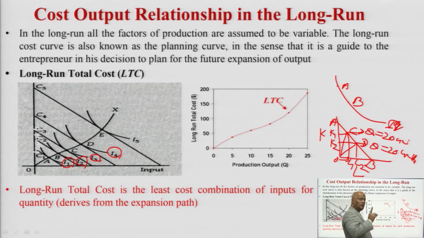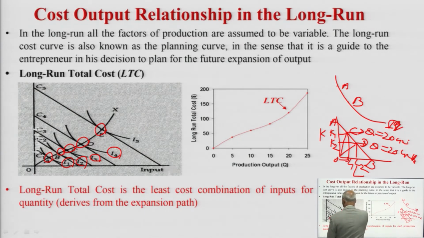Now, in the expansion path, if any business manager wants to increase the production, which path do they have to follow? They will follow the equilibrium path. And what is the equilibrium path? At point A, at point B, at point C, at point D and at point E, the isoquant is tangential to the isocost line.